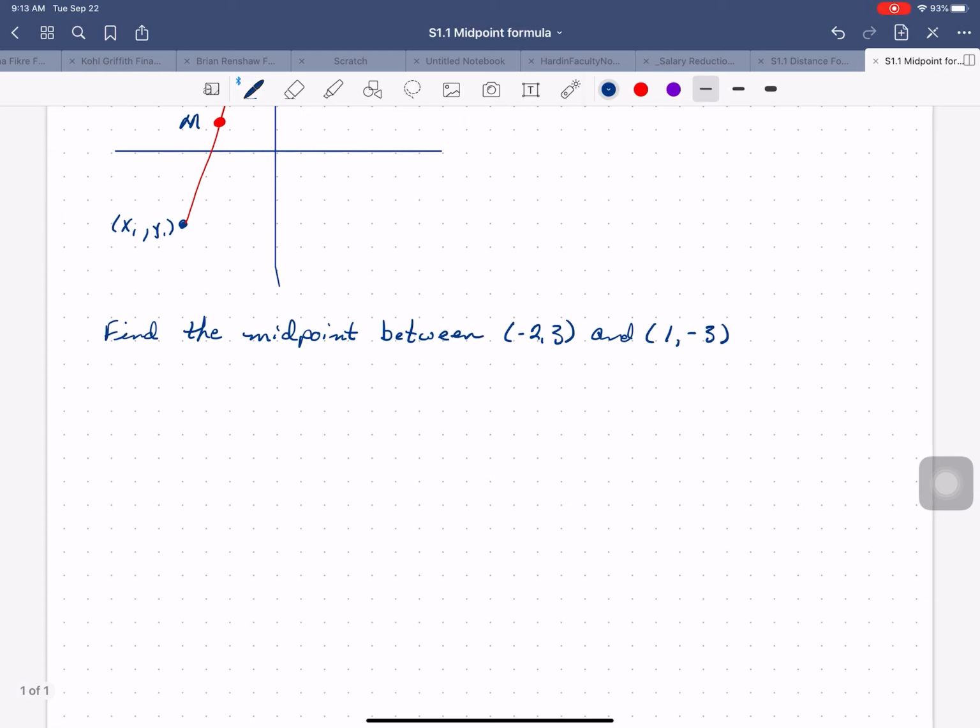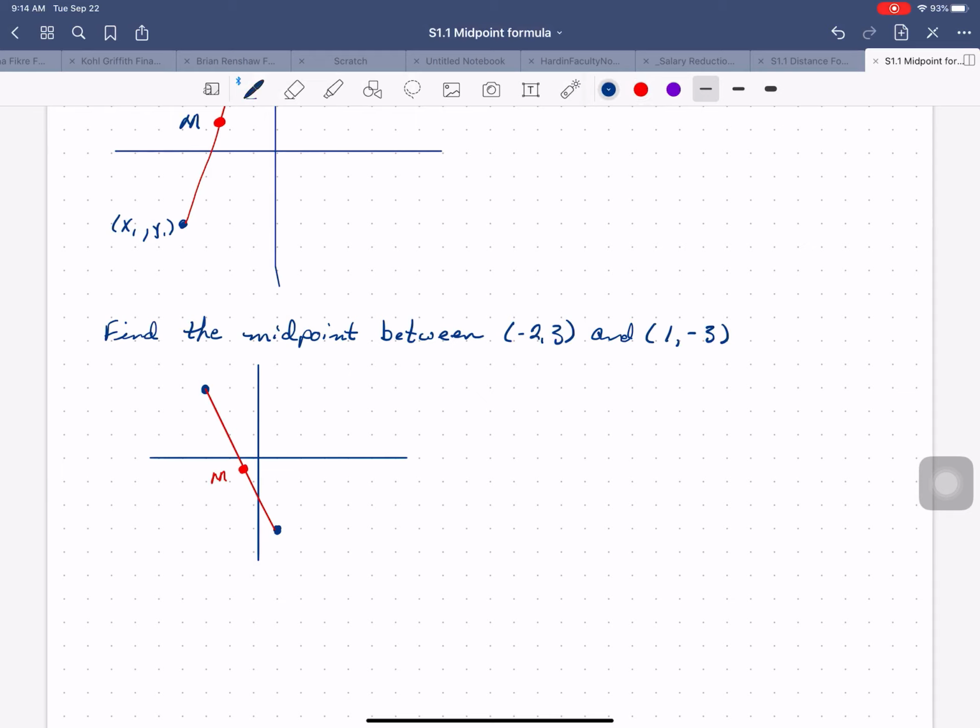If we think about what that means in space, I've got a point here at -2, 3, and a point at 1, -3. And if I envision the line between those 2 points, there's a point that is dead center, and it's going to be right about here, maybe.